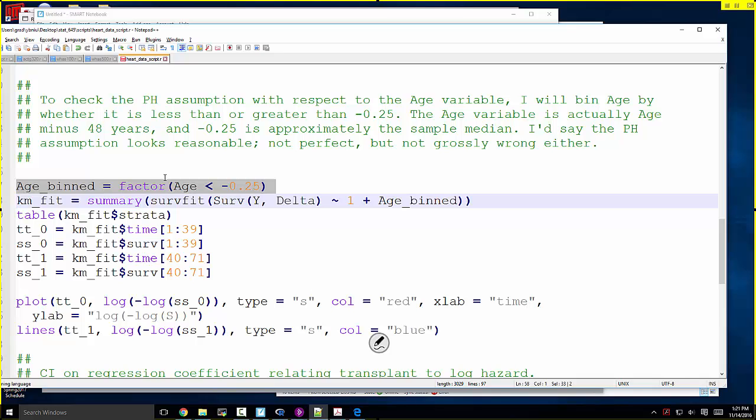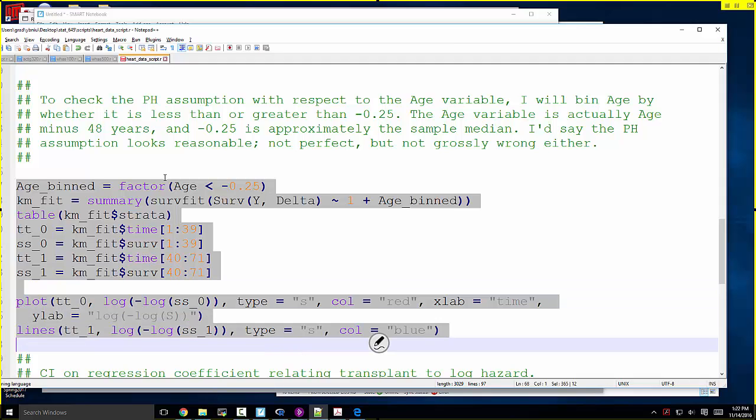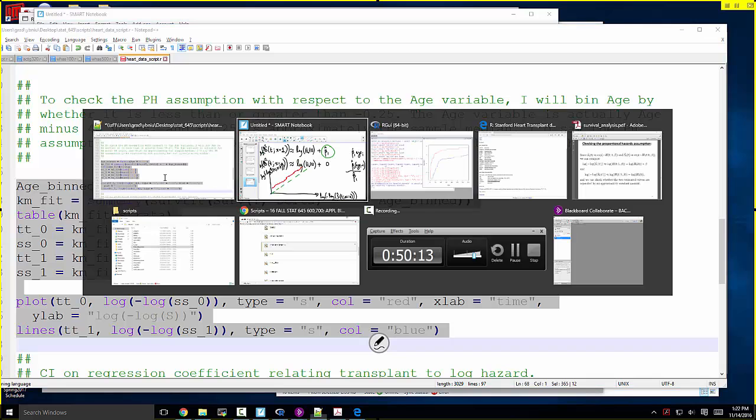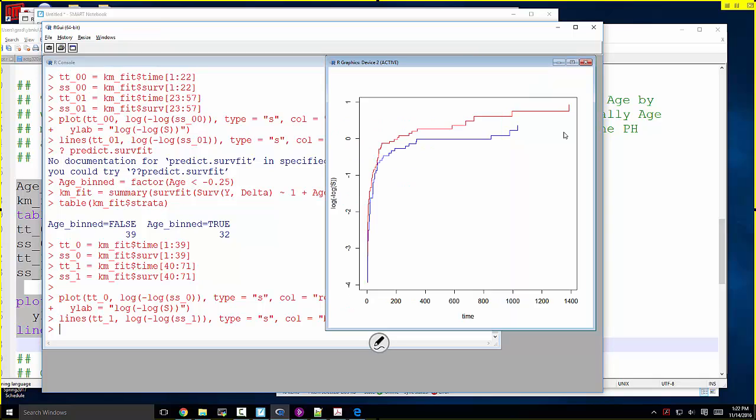And then create two Kaplan-Meier curves, pull out the times and survival probabilities for each, and then plot the two log minus log functions. So this one's clearer, easier to see that there's a change in the distance with respect to time. So it looks, based on this picture, like there is not proportional hazards with respect to age.